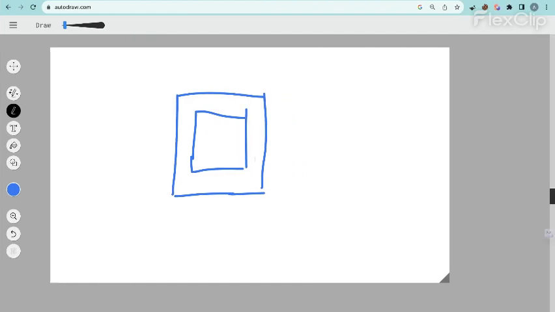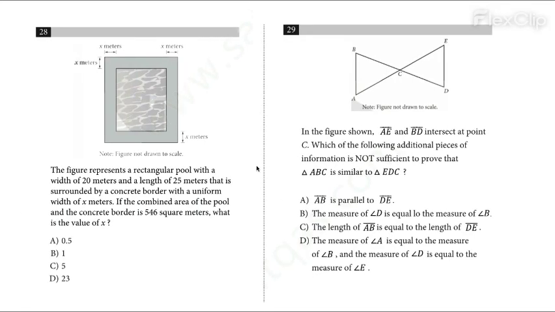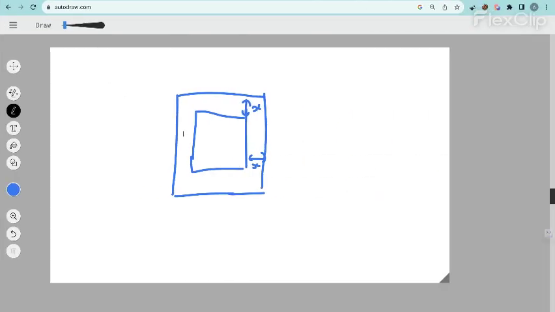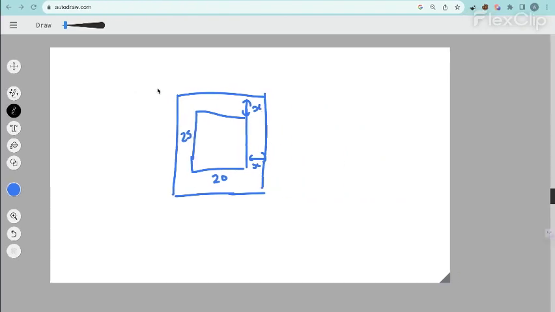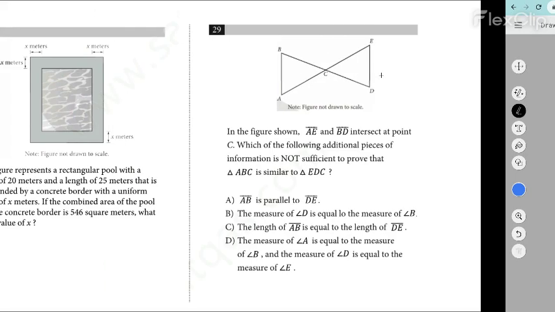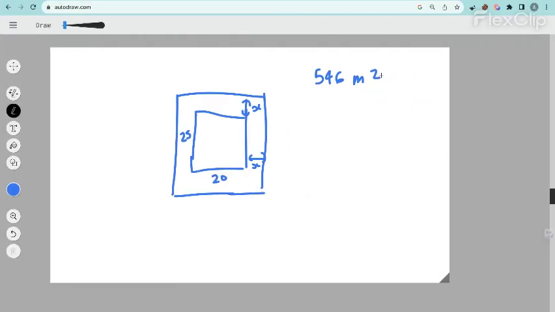So you have this pool, and you know that this distance between it is X, but you also know that the pool goes up 25 meters, goes sideways 20 meters, and that this entire thing is 546 meters squared, because that's the area that it gives you. What you do in this case is you combine geometry with algebra to solve this problem.